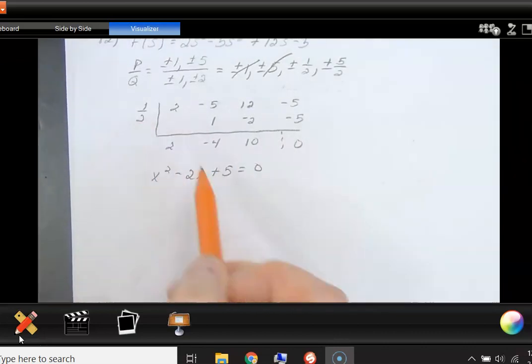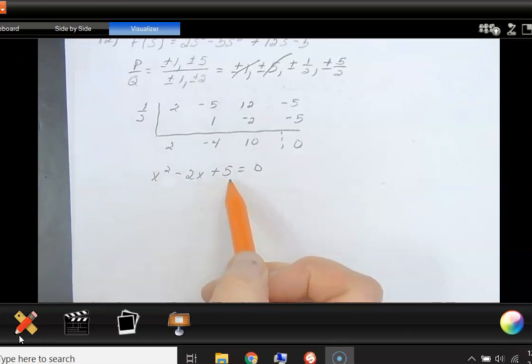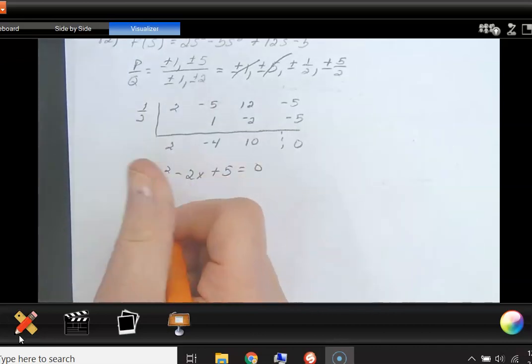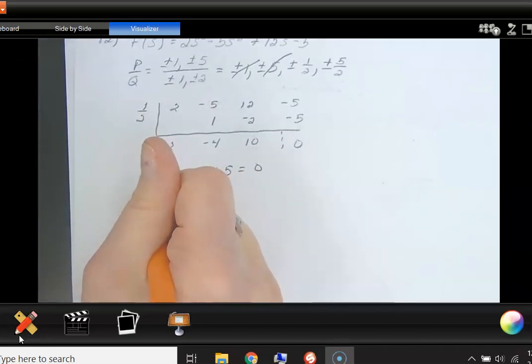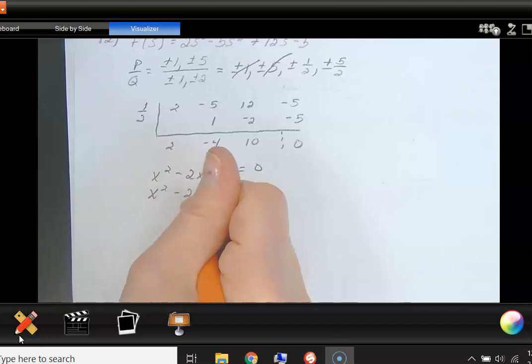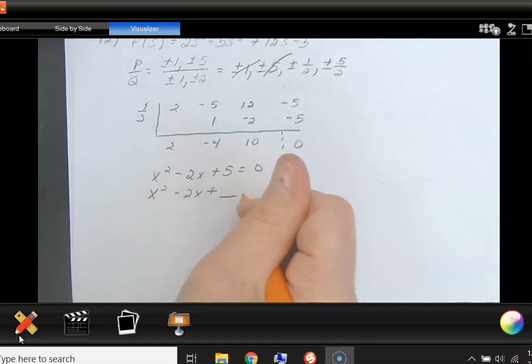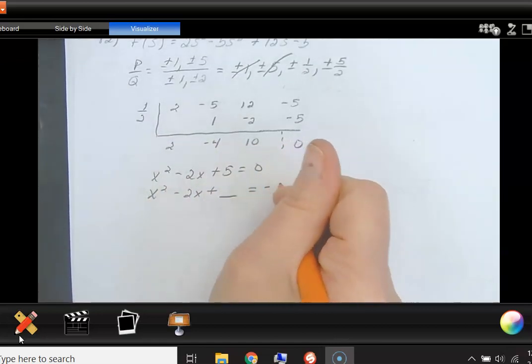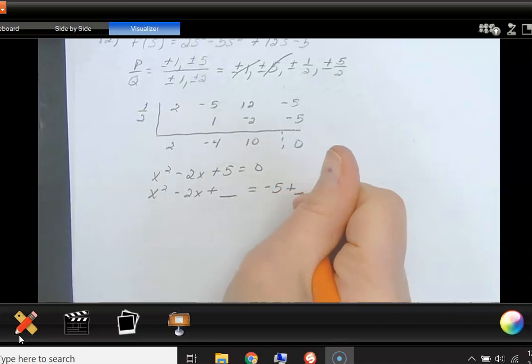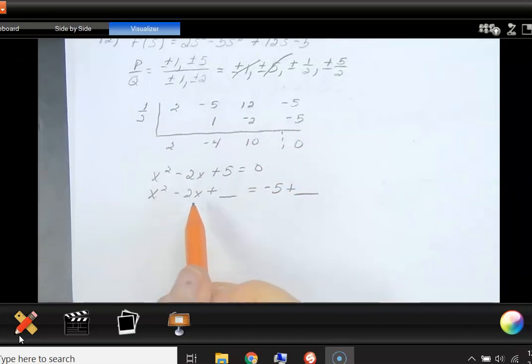Okay, so we know one of the zeros is a half. I need to see what zero is coming about from here. We know it's not factorable because we only had one real zero. So I'm going to use completing the square. Since my leading coefficient is 1 and my middle term is even, it makes it easy.